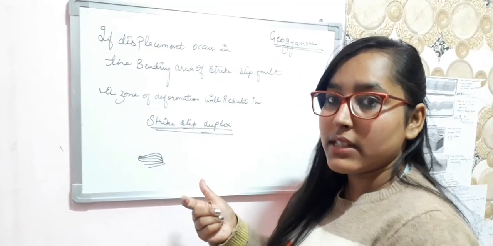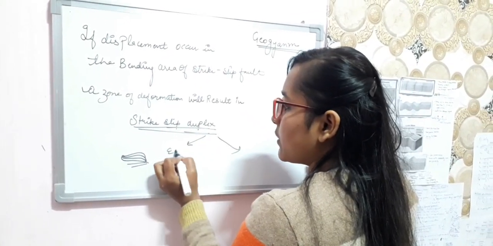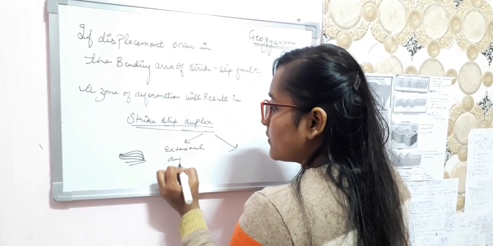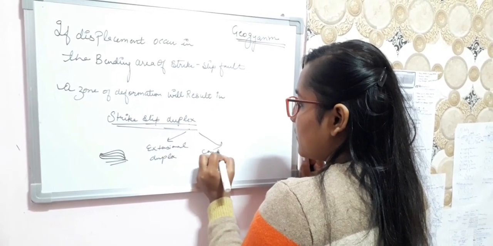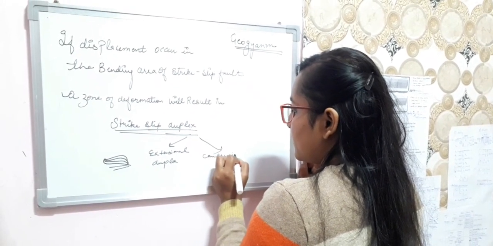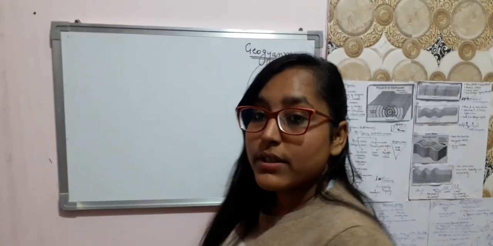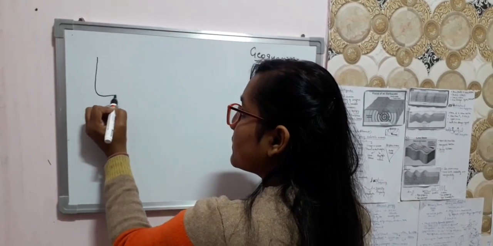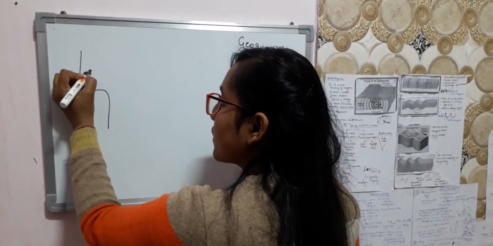Okay, now let's see how these look, and they can be of two types. They can be extensional duplex and compressional. So first I will start with the extensional duplex, and this one, as I have shown earlier, the extension will go like this.